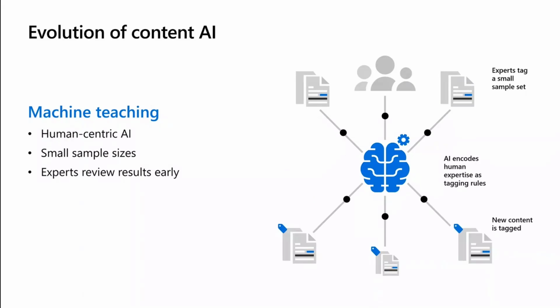It's a more laborious back and forth labeling effort to get the model to a place where it's doing what you need it to do. What we do with Syntex is take advantage of a technique in AI called machine teaching. What's powerful about this is it puts the human at the center of the equation and allows you to work with a smaller sample set, do a limited amount of labeling, and then review those results in more real time.